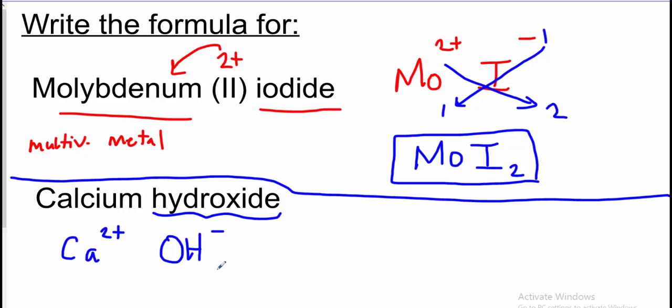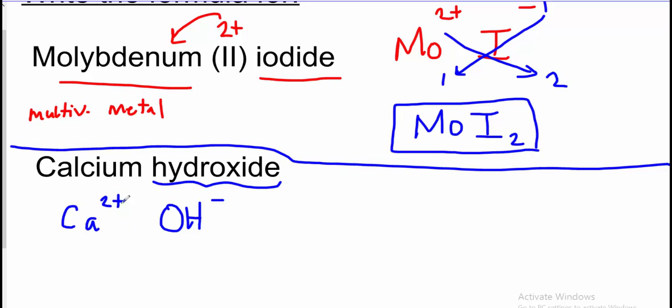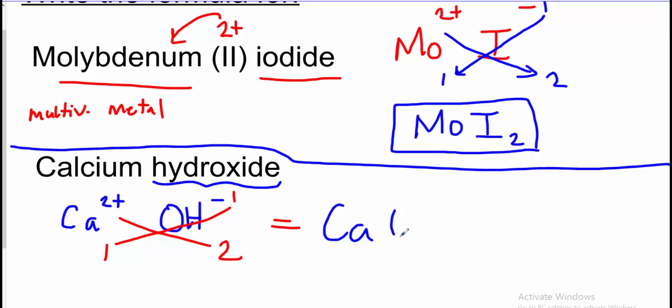Going to bring down the 2, going to bring down the 1, and then I'm going to clean it up a little bit. So I have calcium. I don't need to write a subscript of 1 in. I am going to write the hydroxide in, but I need to be careful before I do this. This is not correct.